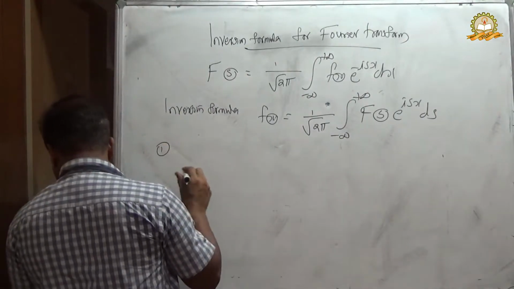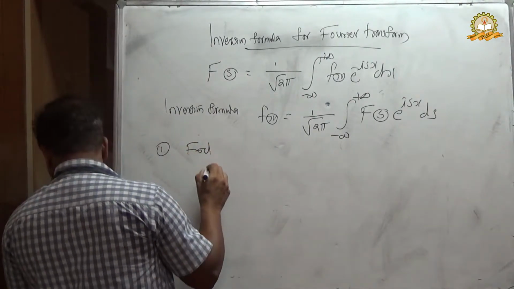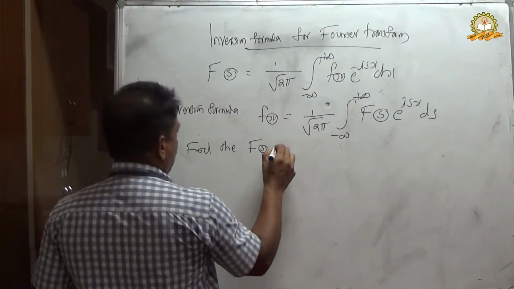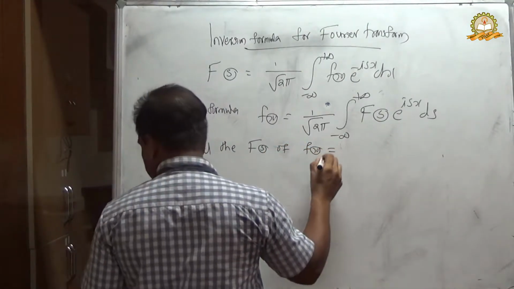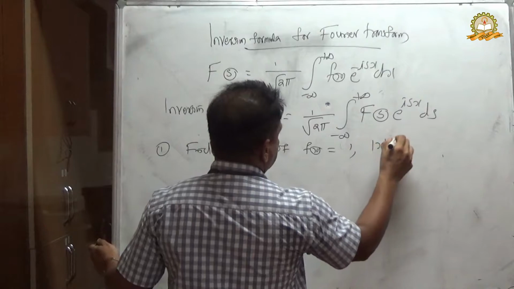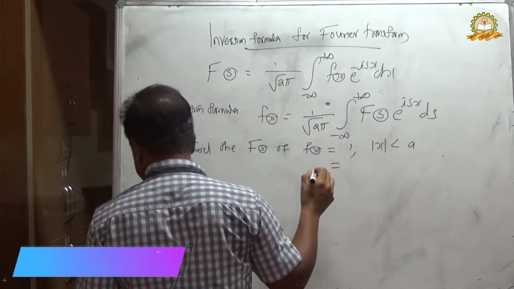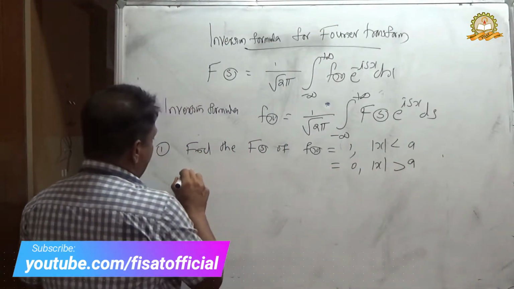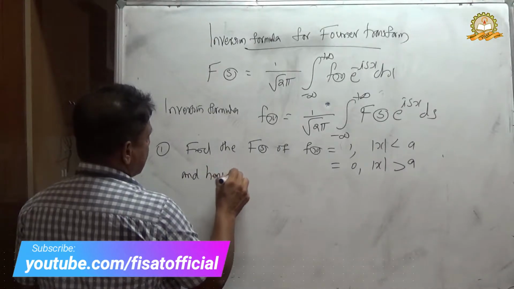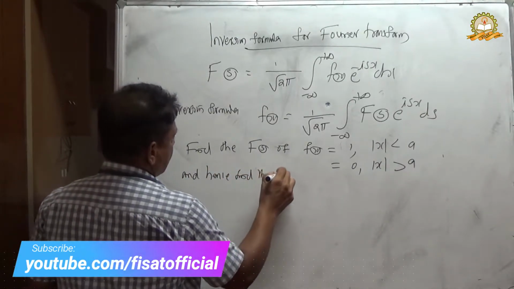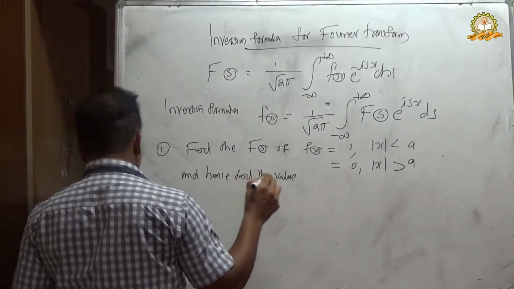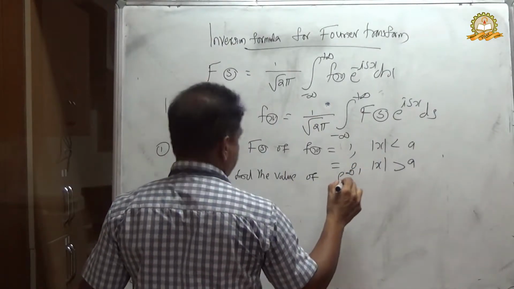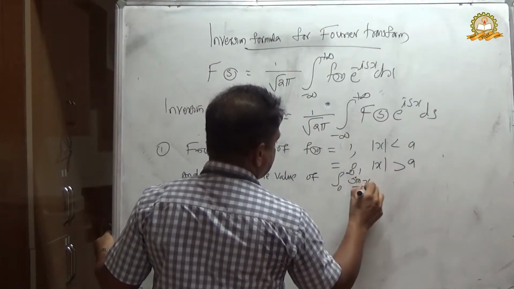First problem, find the Fourier transform of f of x equal to 1 for mod x less than a and 0 for mod x greater than a, and hence find the value of integral 0 to infinity sin x by x dx.